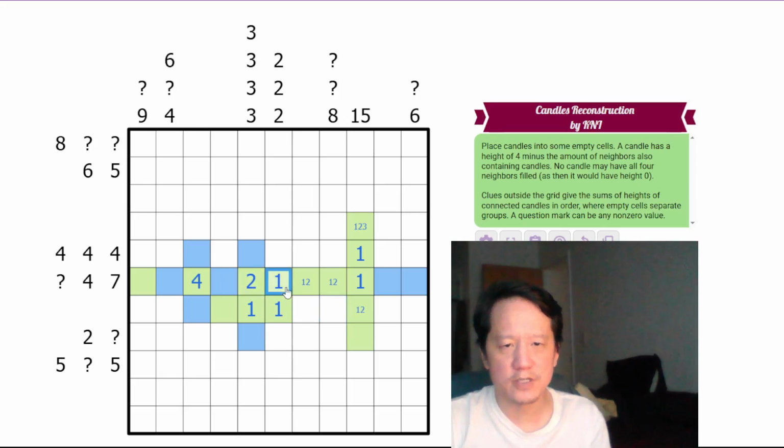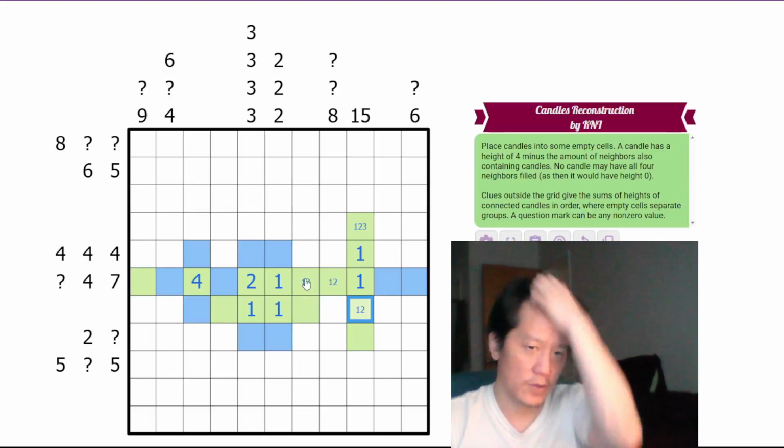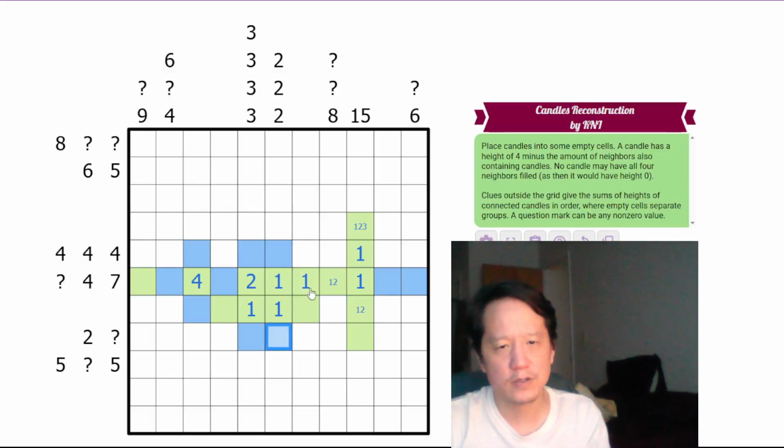Which means this has 3, this has to be blue, this has to be blue. So this has to be green here. So this must be 1. Because it has 3 neighbors with candles. 4 minus 3 is then 1. This has 3 neighbors with candles, so that's 1.